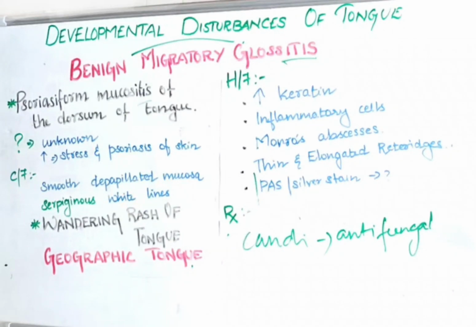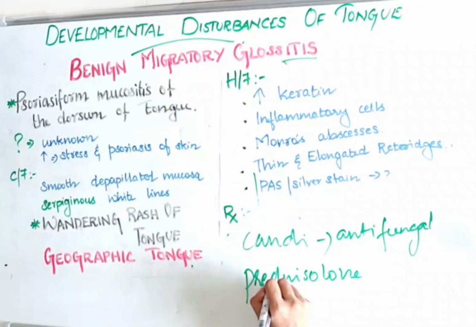Next, for the symptoms, for any burning sensation or any lesions with symptoms, we can provide topical prednisolone. Also, there have been cases with symptoms which have been provided broad spectrum antibiotics like tetracycline.